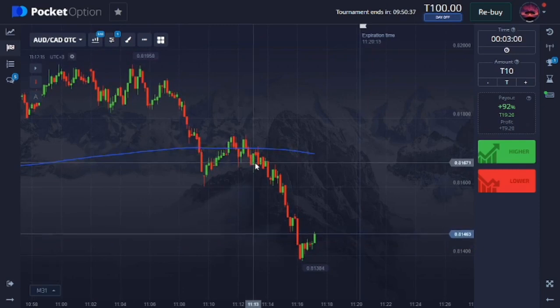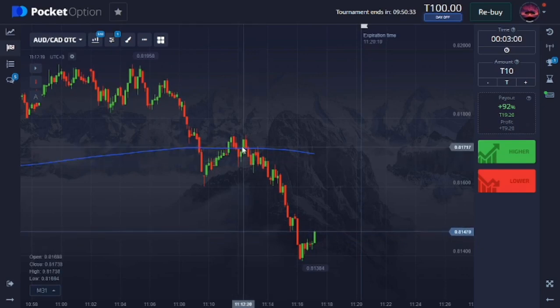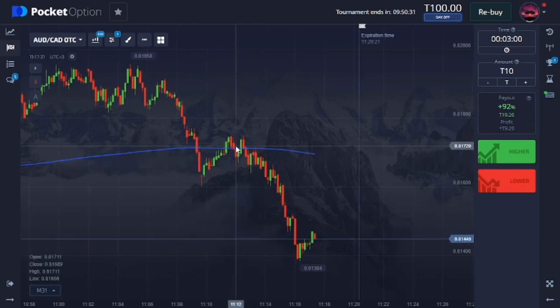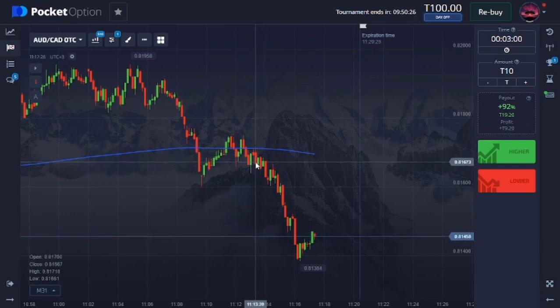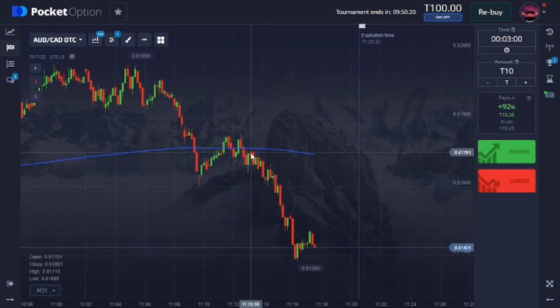Then another 1 2 3 4 5 6, another minute. We have entered right here, and on the 2 minute mark it moved down here. Okay, on the 3rd minute it is away from us.